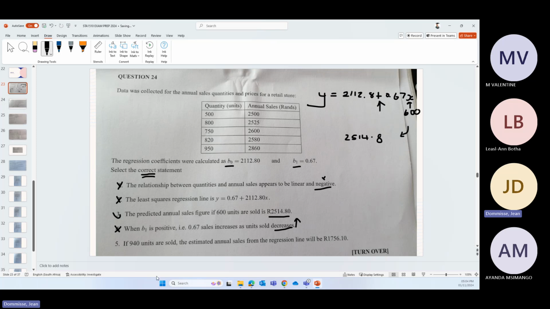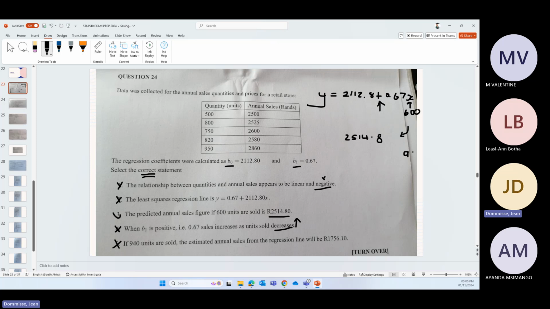And let's just see if 940 units are sold. That will just go up, so it will be much more than that. But let's quickly check it out.